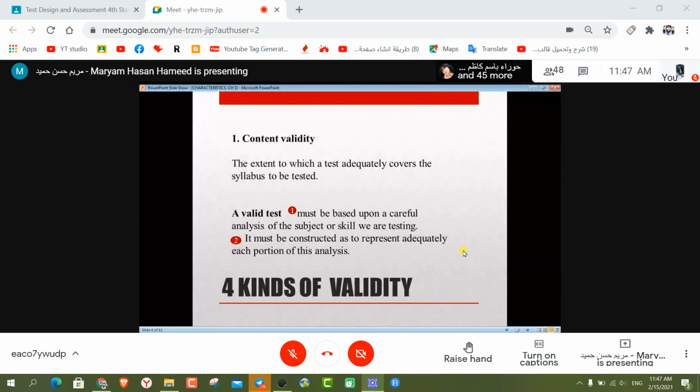Okay, I mean to the end of this chapter. So content validity means the extent to which a test adequately covers.